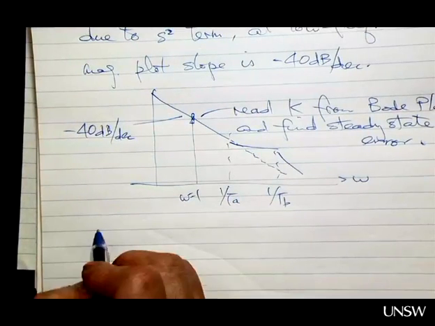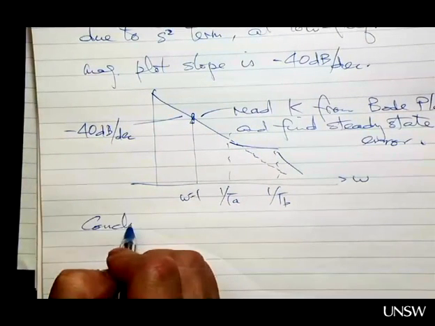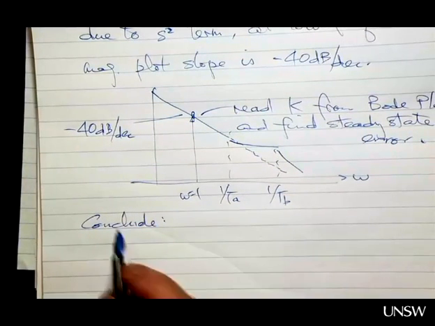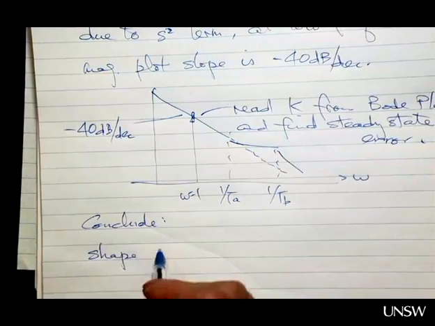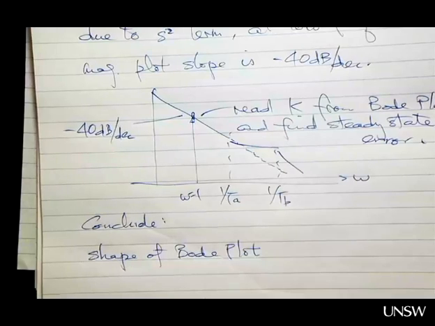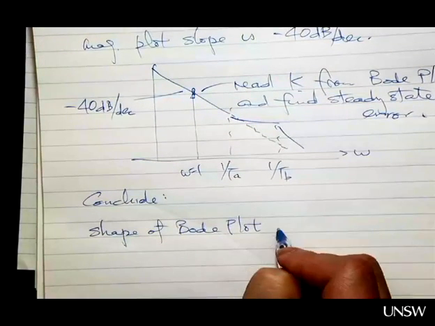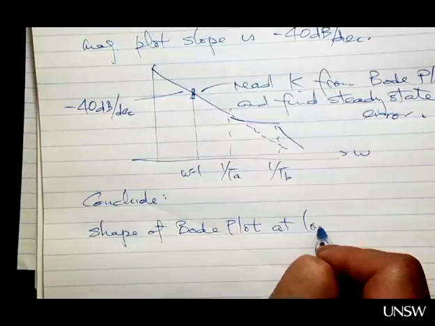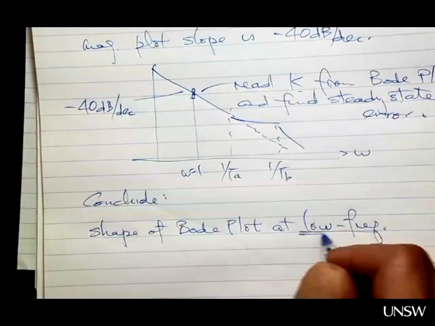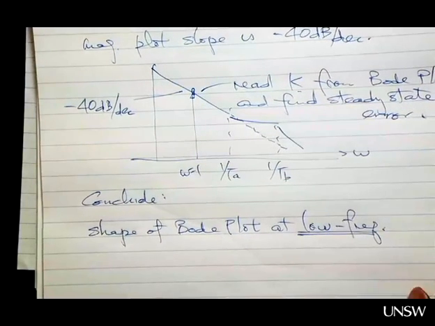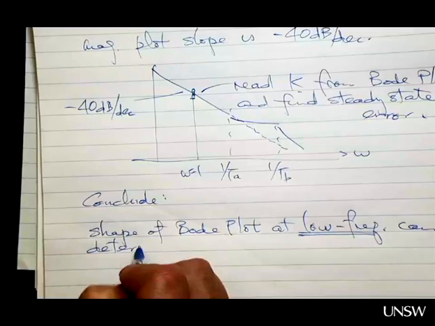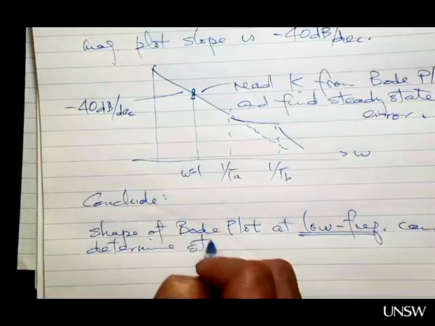Okay, we can conclude that the shape of the Bode plot, in particular at low frequencies, can determine the steady state error.